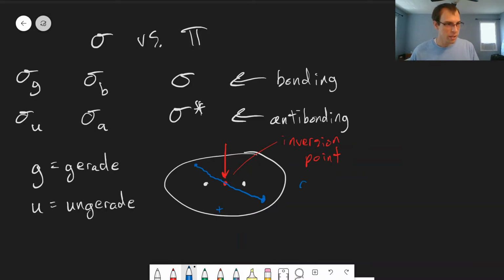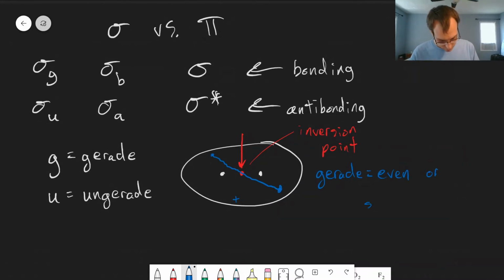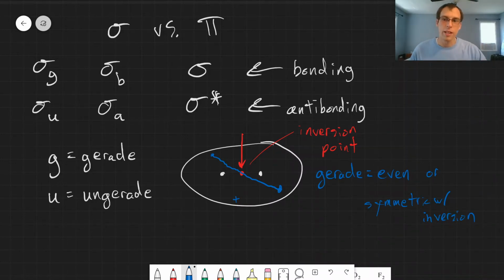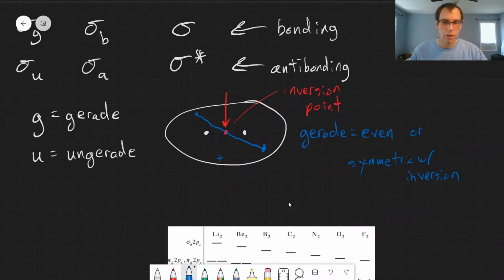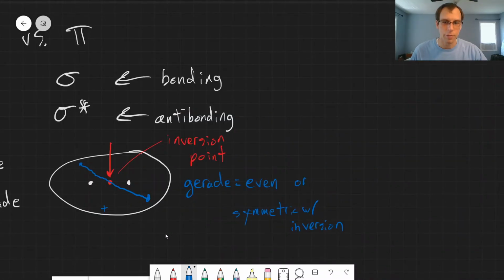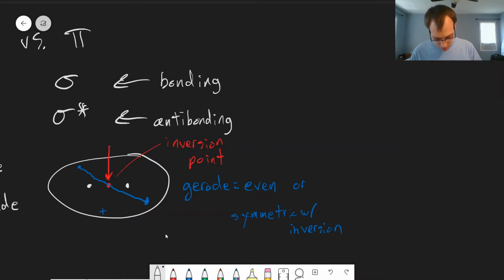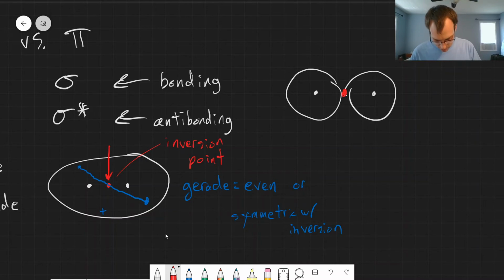So gerade means even, or symmetric if we look at this inversion. And so a sigma bonding orbital is a gerade orbital. I'll come over here, give myself more space. And if we draw a sigma antibonding orbital, where we have this node in the middle now, right? We'll have our inversion point still.